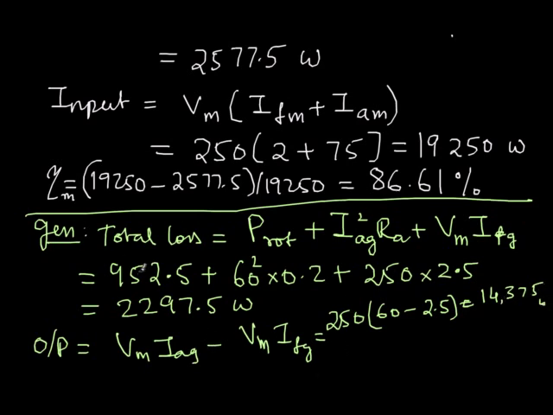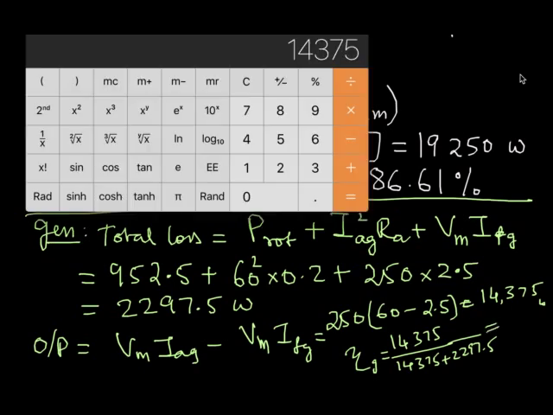Now I know the losses and I know the output, so I can find the efficiency of the generator. That is 14375 divided by 14375 plus the losses, 2297.5, which is the total input.